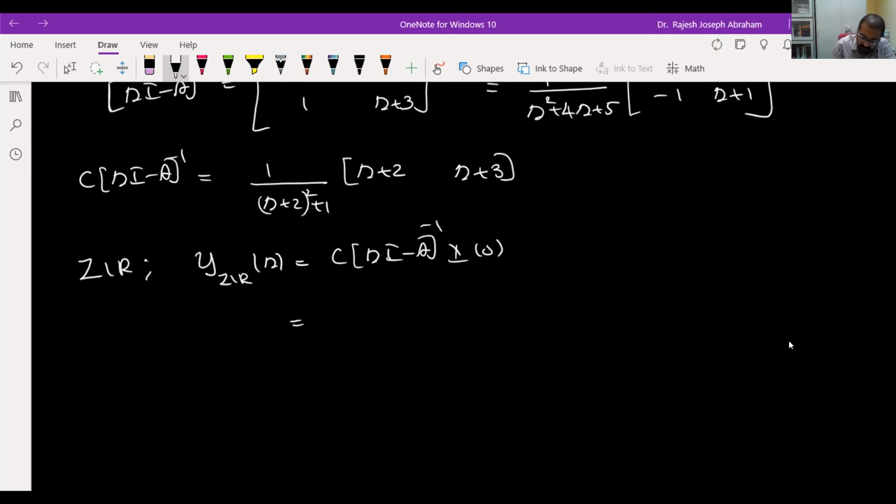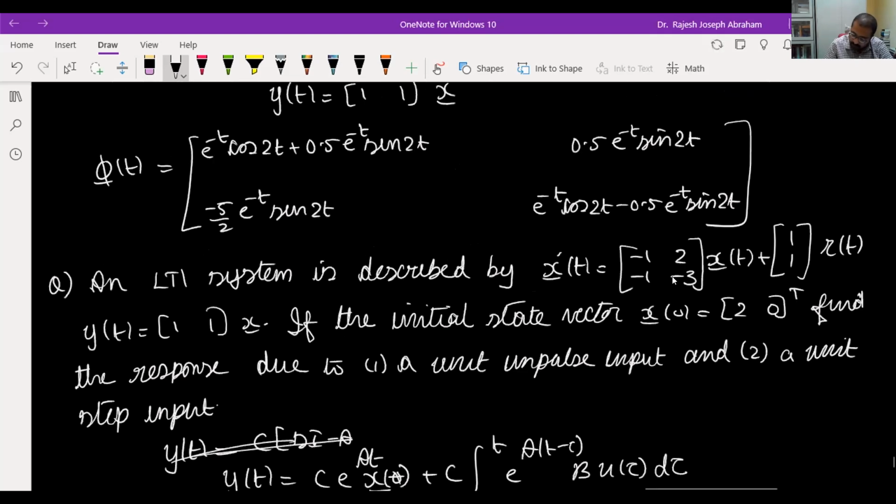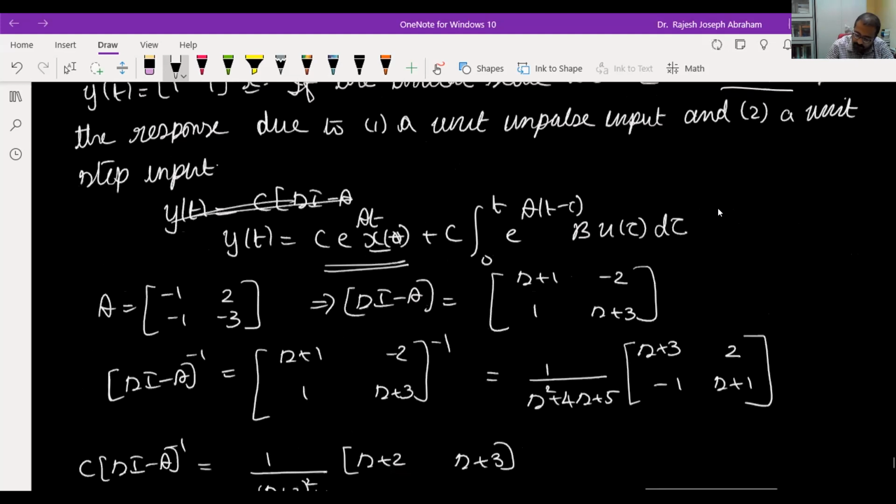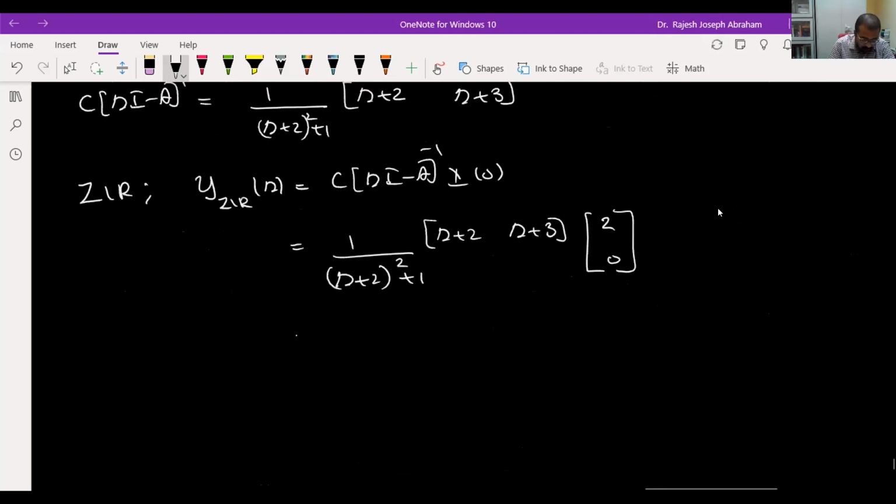I can write this as 1 by (s plus 2) whole square plus 1 into [s plus 2, s plus 3] into x naught. What is x naught? x naught is [2 0]. If you solve this, you will get 2 into (s plus 2) divided by (s plus 2) whole square plus 1.